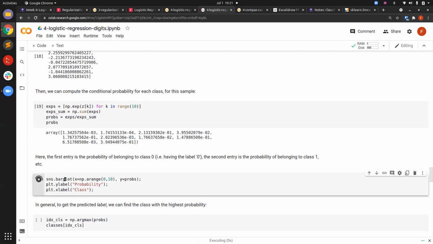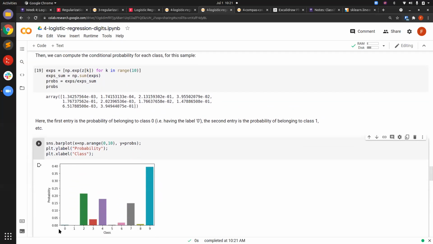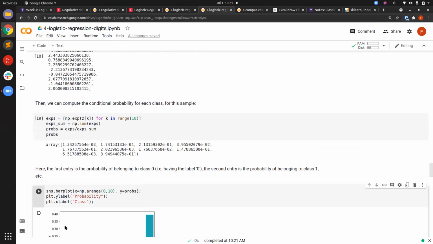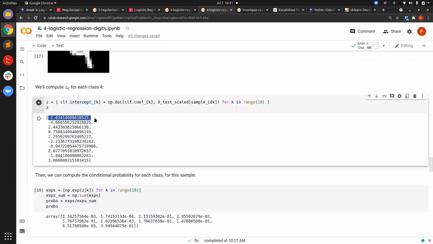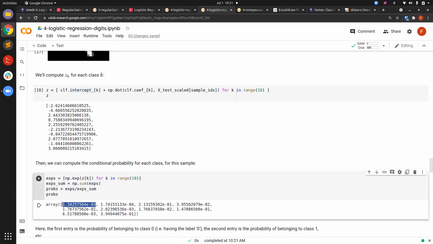Let's plot those. Okay, so we can see, for example, that the probability of belonging to class 0 is estimated as very small. That's because there was a strongly negative Z value. This probability will end up being very small.